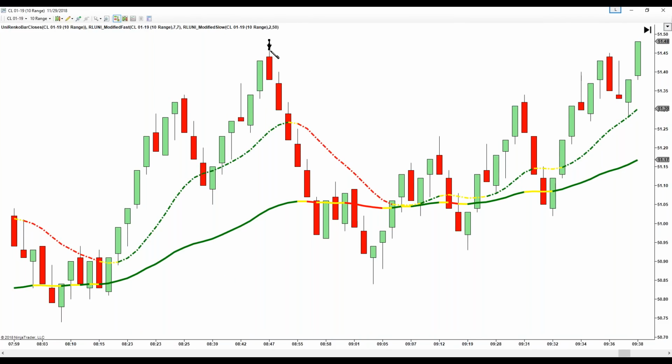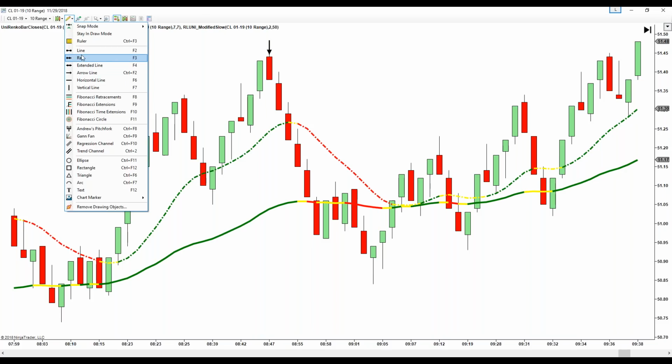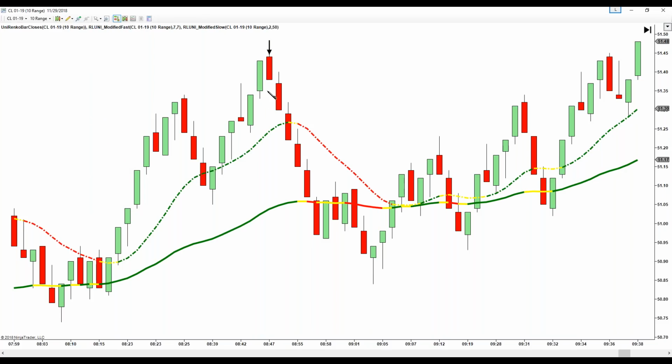This is a dark cloud cover, which is a piercing candle, which is a topping formation. So it gives you the ability to read Japanese candlestick patterns really, really well.